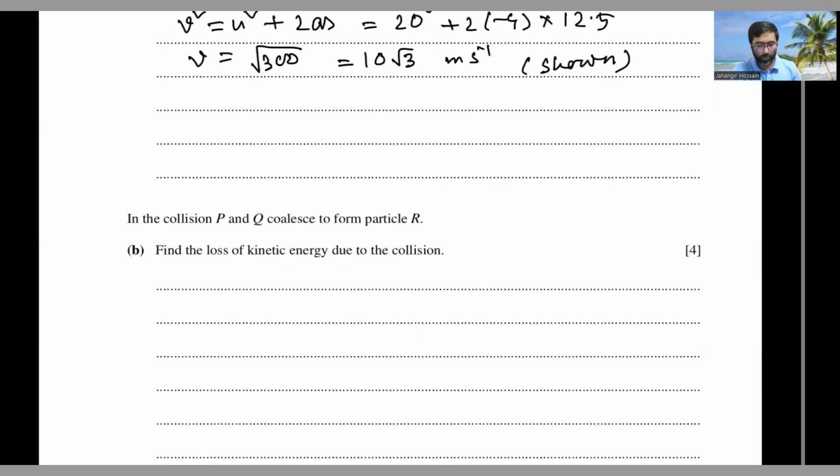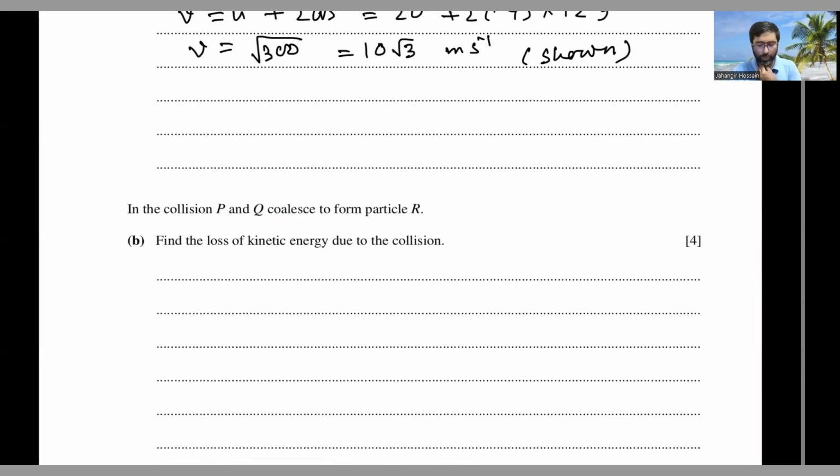Now let's move on to the next part. In the collision, P and Q coalesce to form a single particle, and we need the loss of kinetic energy due to the collision. Remember, just before the collision, the speed of P is 10 root 3 meters per second. After the collision, they move together. This is before the collision, P and Q. Q is at rest. P is moving with 10 root 3 meters per second speed.